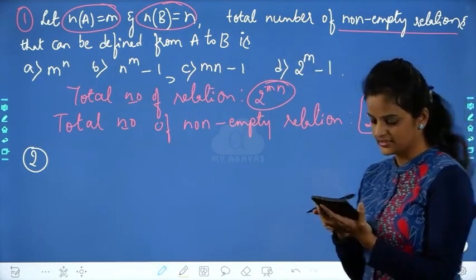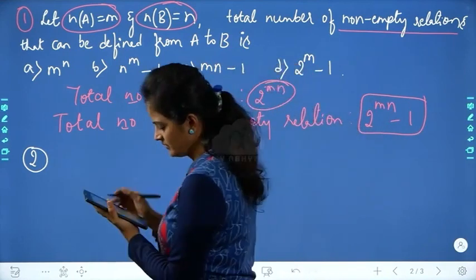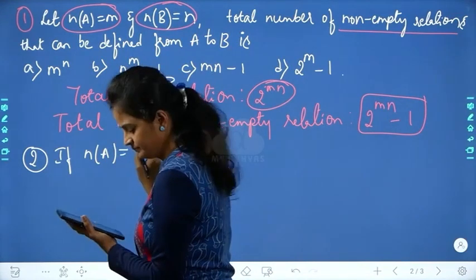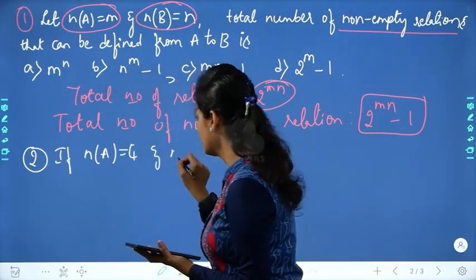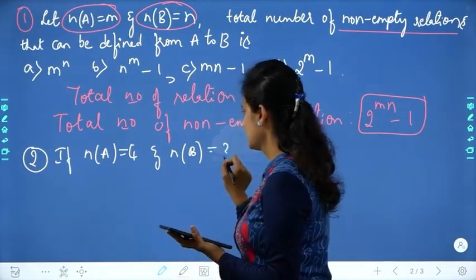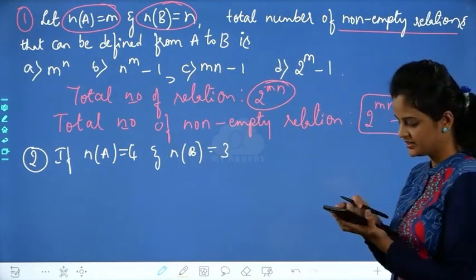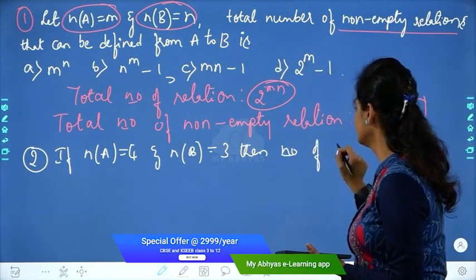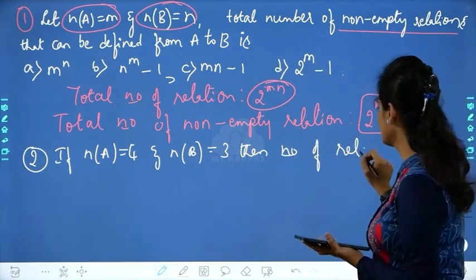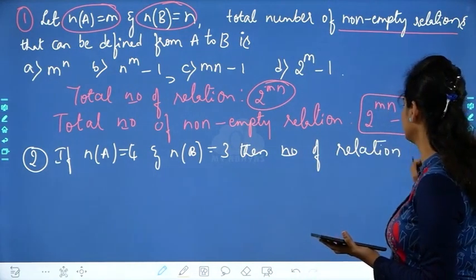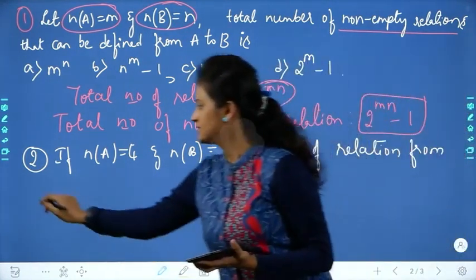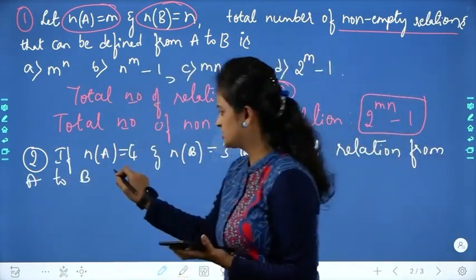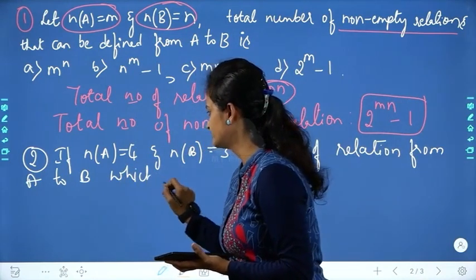So the second question is like this. If n of A is 4 and n of B is 3, then the total number of relations from set A to set B which are not functions.